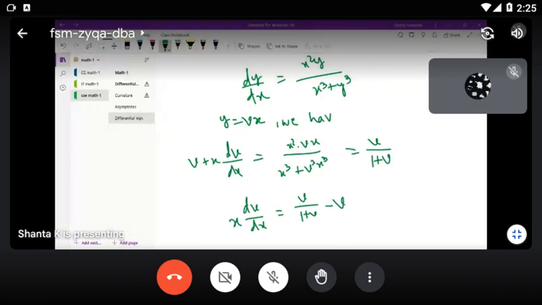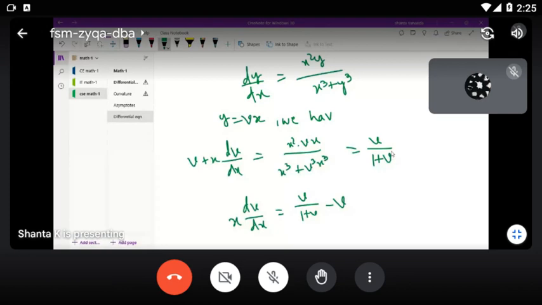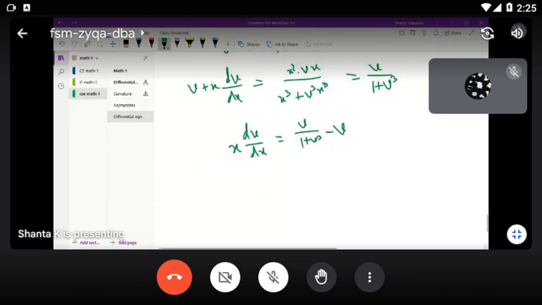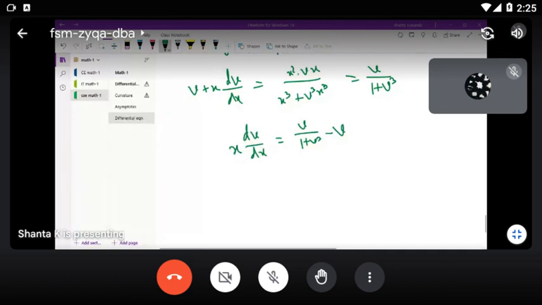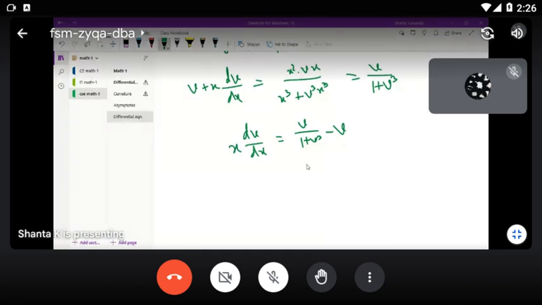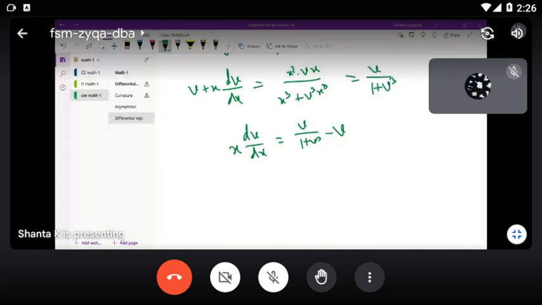So what will be the answer if you solve? ln 1 plus y by x whole cube equal to ln x plus c, ln y. So can I write the answer directly or I will solve it? So here we will do the variable separable form. Okay.